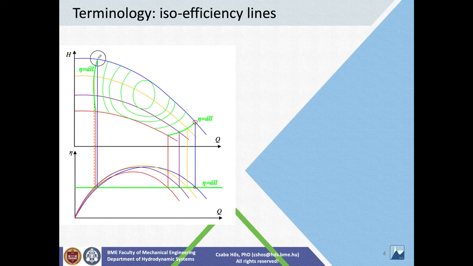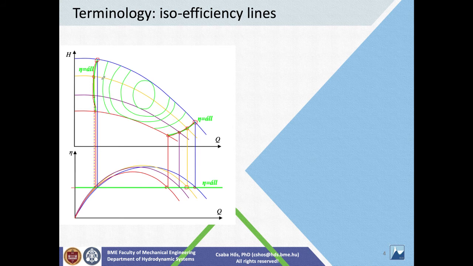The same efficiency happens at this point if the revolution number is the blue one. At another revolution number, the very same efficiency corresponds to this point and this point. Then you simply connect these dots, and you get the curve corresponding to constant 80% efficiency.